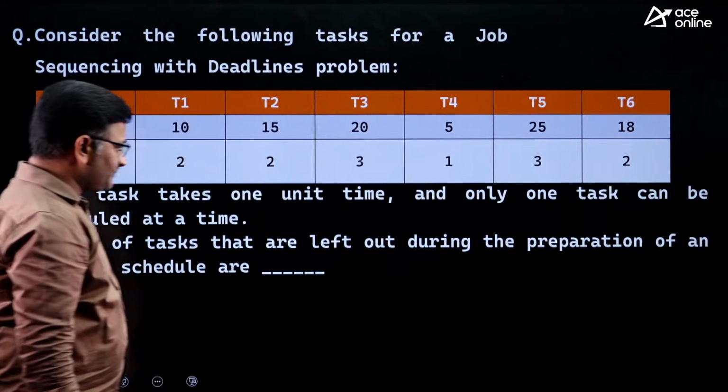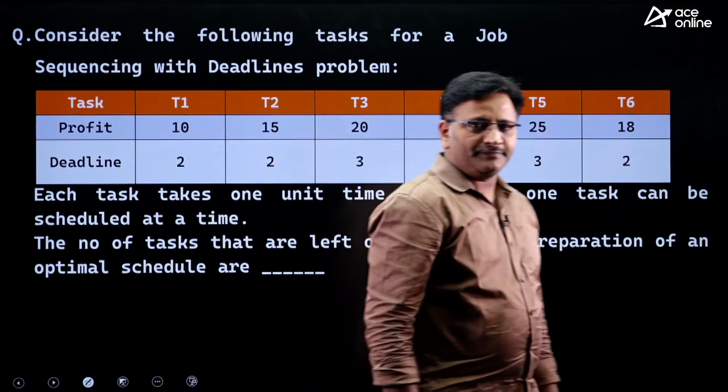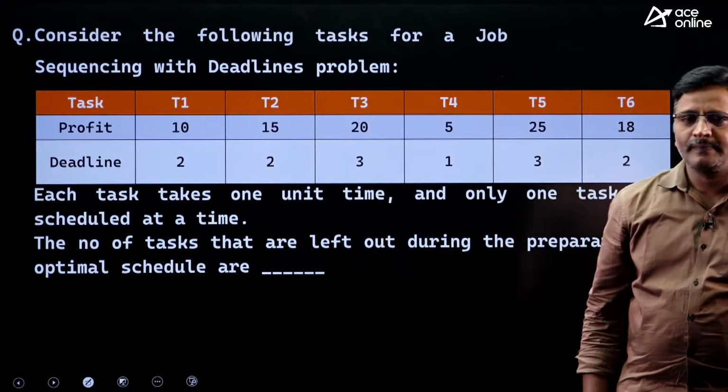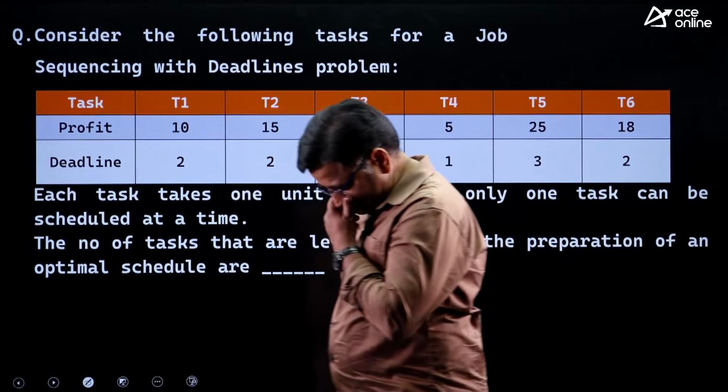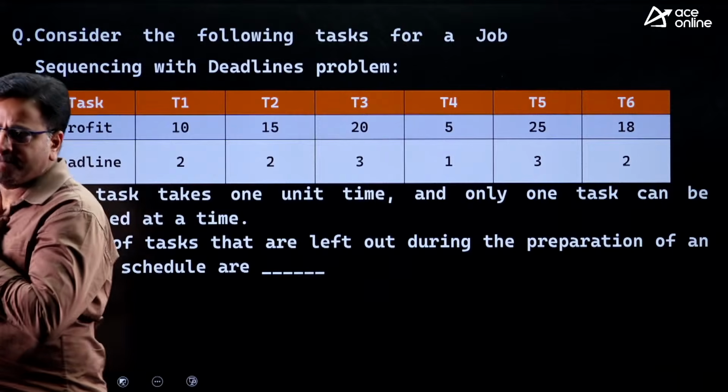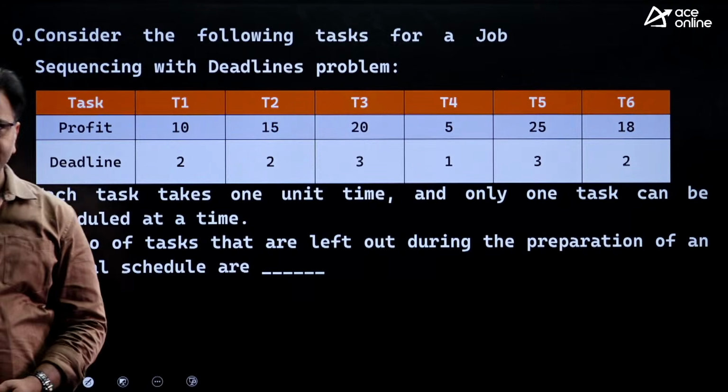Just read this problem which is based on the job sequencing problem, which is a maximization problem.